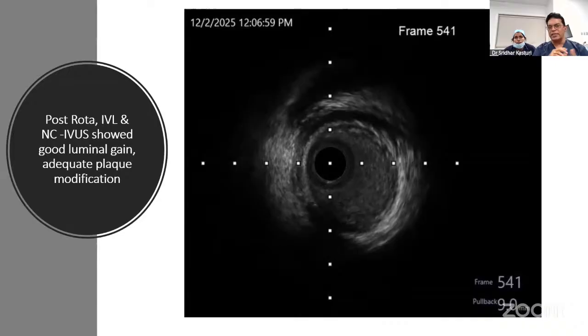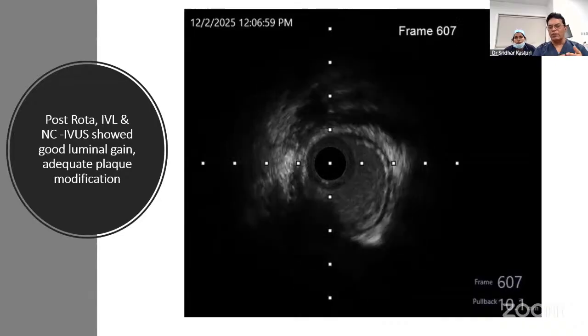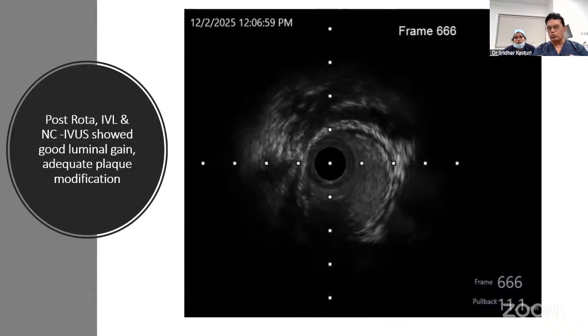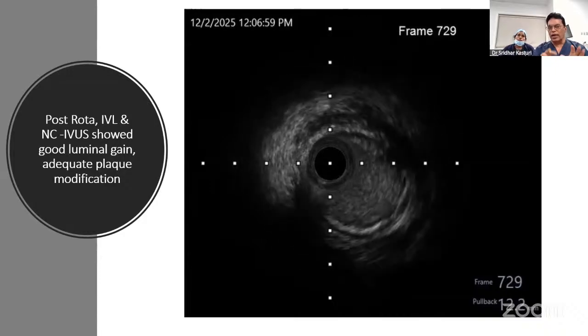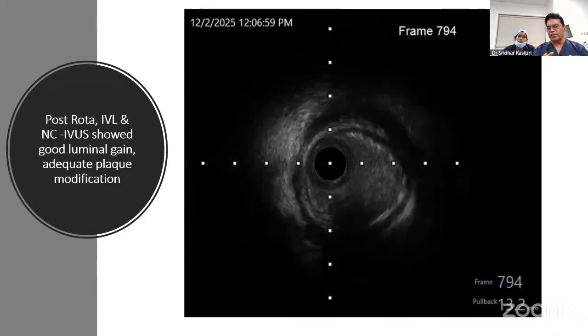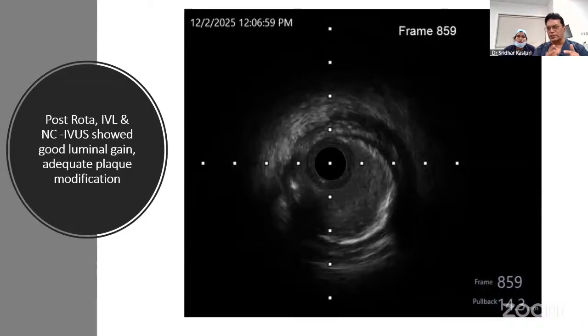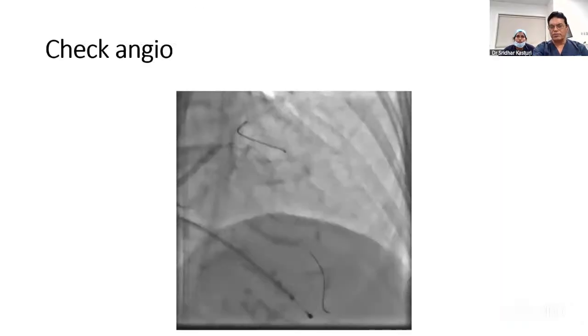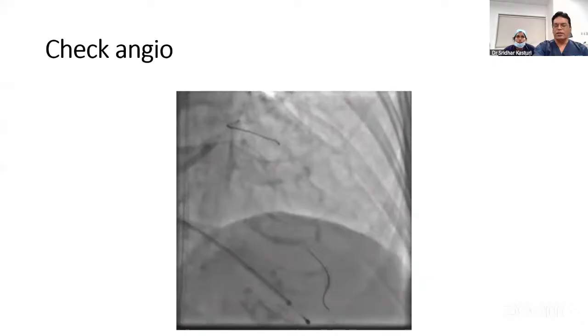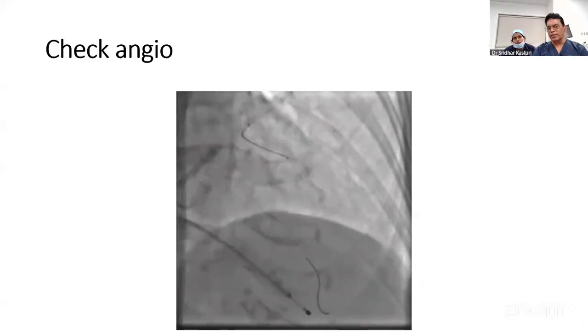This is a classic case where the combination of IVL plus rota plus high pressure NC balloon inflation adequately fractured the calcium nodule, deep calcium, and multiple areas of calcium you can see very, very clearly. Now you can see very clearly luminal gain is very good, even in angiography views.